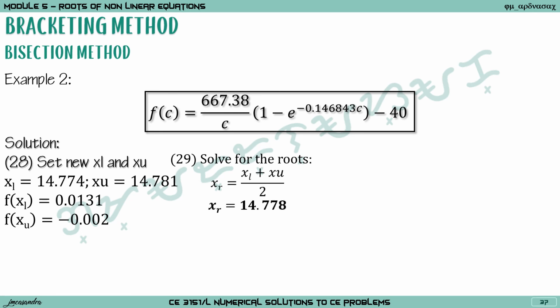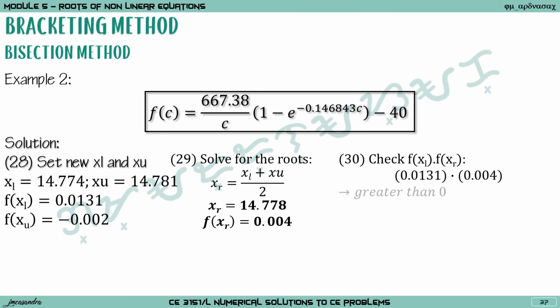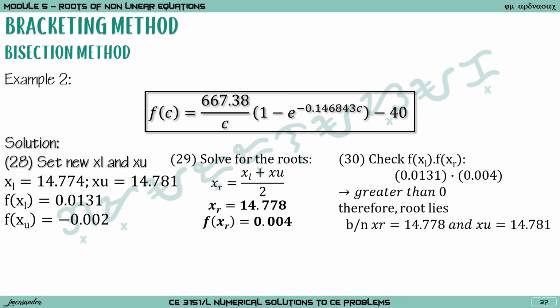Okay. So new set of xl, solve for xr. So we get 14.778. The function of xr is 0.004. The product of the functions of xl and xr is greater than 0. So therefore, the root lies between 14.778 and 14.781.